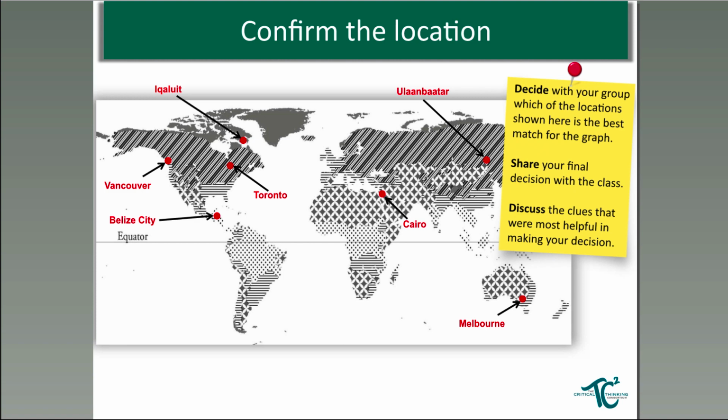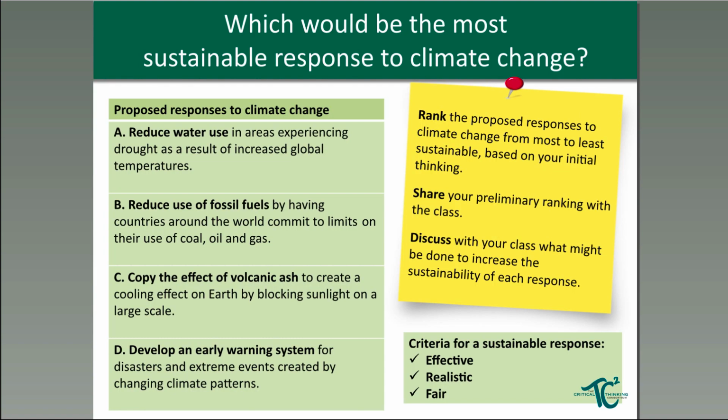So again, thinking about the larger question, how should we respond to our changing Earth? And now going right into the very specific geographic concepts, the disciplinary concepts and skills that keep feeding back into that overarching question and into that challenge. This is from the second line of inquiry around which would be the most sustainable response to climate change.